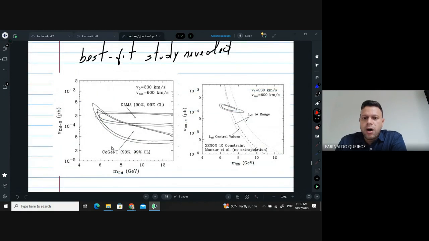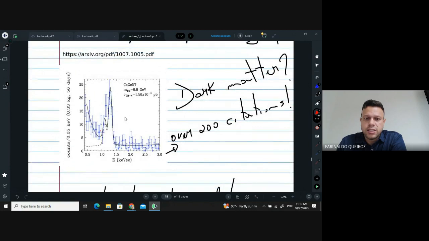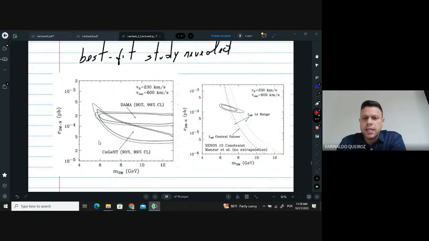And they plotted, if it is dark matter, what should be the scattering cross-section and the mass that best fit the data? Which data? This one in blue. And they measure this one. So those are the best fit regions. You should have a cross-section of around 10⁻⁴ picobarns and a mass of between 8 and 10, 12 GeV or so.